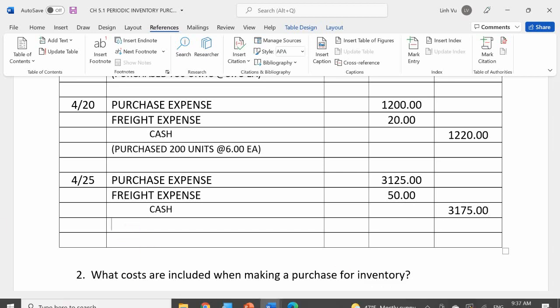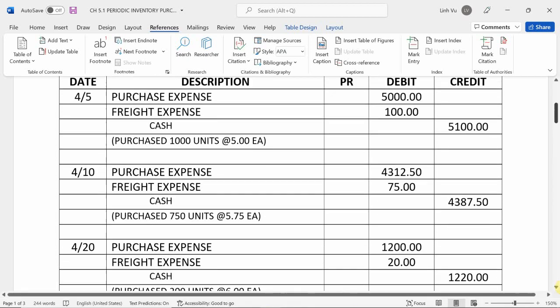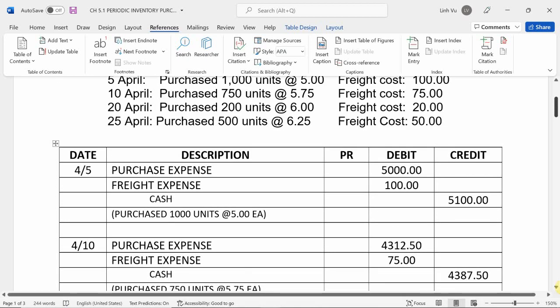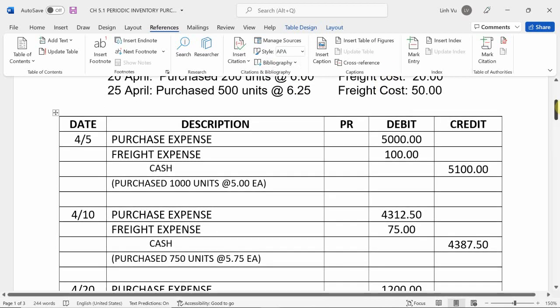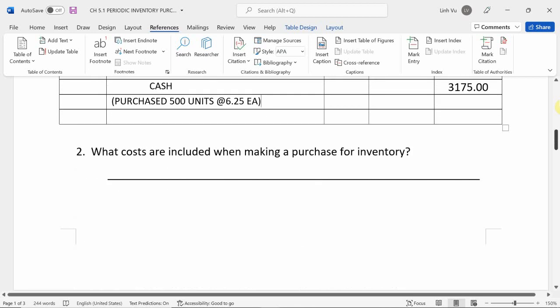Then the note: purchased 500 units at $6.25 each. Every transaction you're completely done with, you skip a line, and it should look like this.